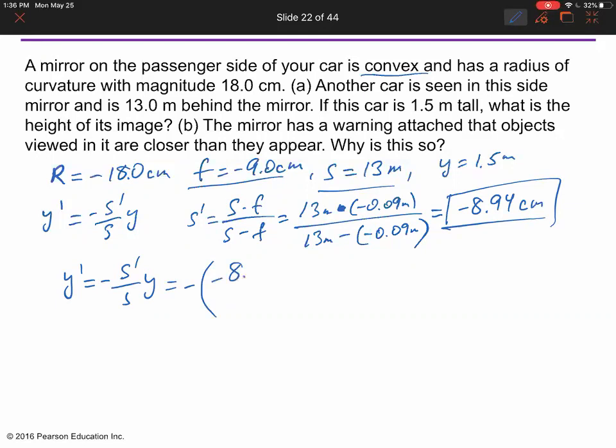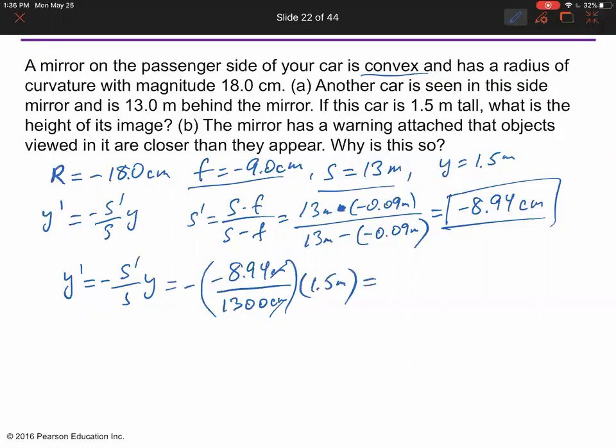So I have negative 8.94 centimeters divided by the object distance, 13 times 100, or 1300 centimeters. The centimeters cancel out, and then times 1.5 meters.